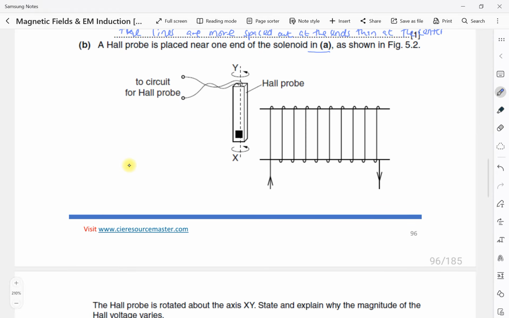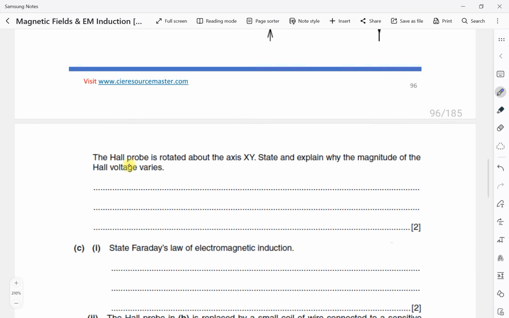So we shall simply say that the Hall voltage depends on the angle between the magnetic field and the plane of the Hall probe. We have answered a similar question earlier on.